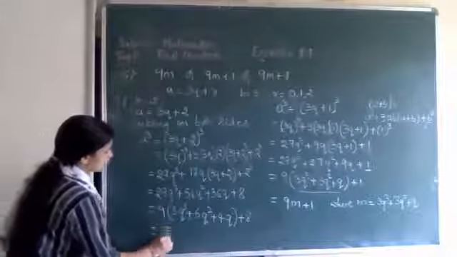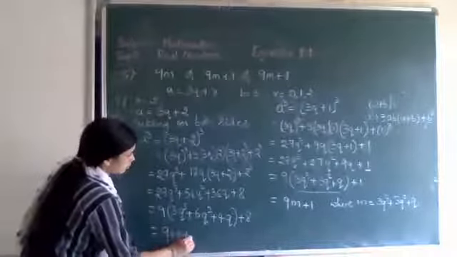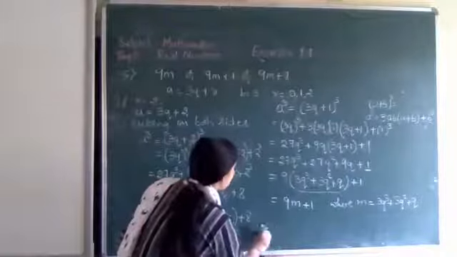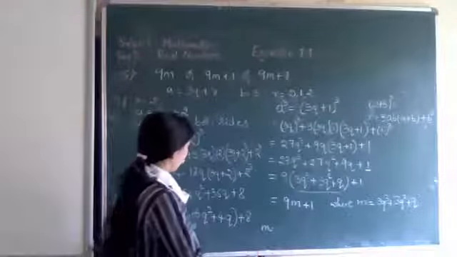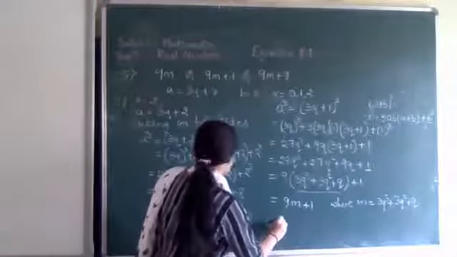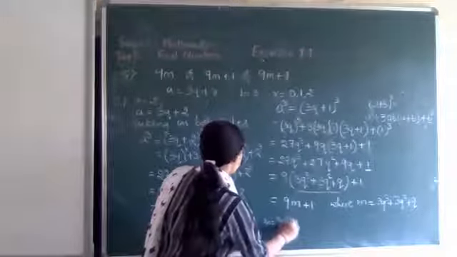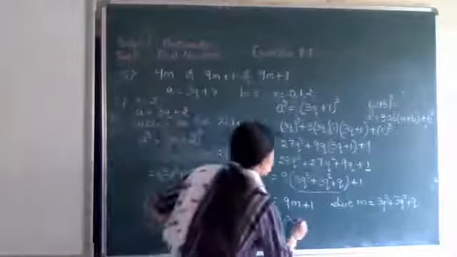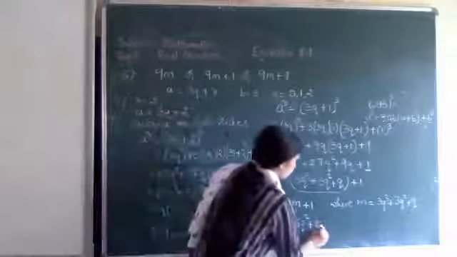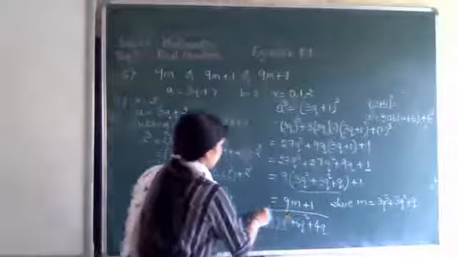Here we will get 9m plus 8, where m is equal to 3q cube plus 6q square plus 4q.